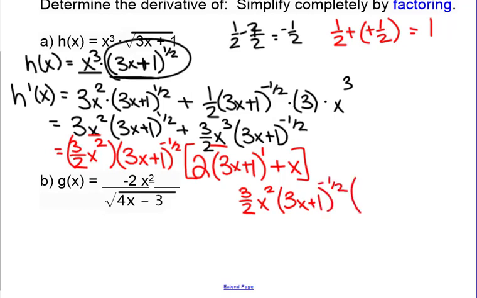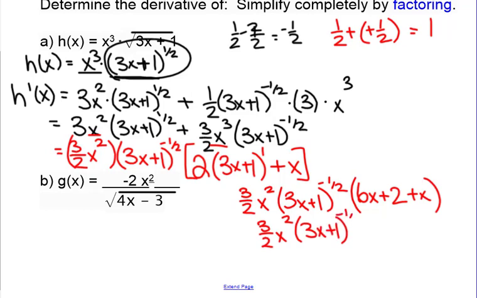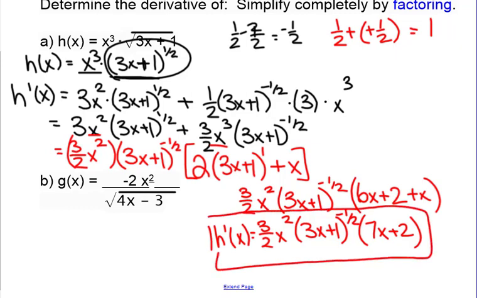If I distribute the 2, I've got inside my brackets 6x plus 2 plus x, which leaves me with 3 over 2 x squared, (3x plus 1) to the negative 1/2, times (7x plus 2). That is what my h prime of x is equal to, because we started with h.